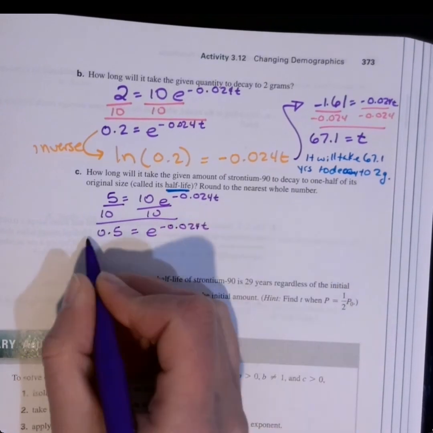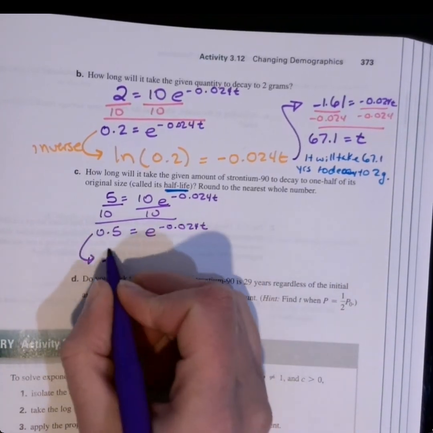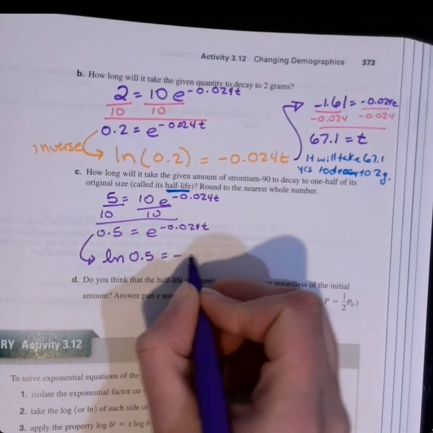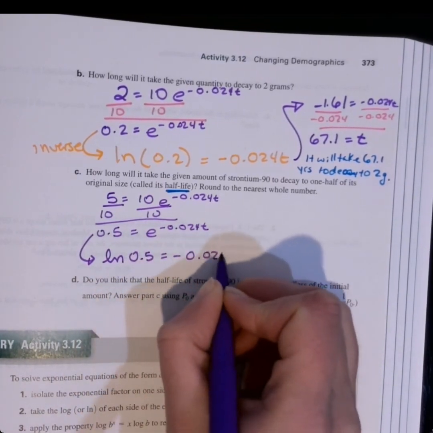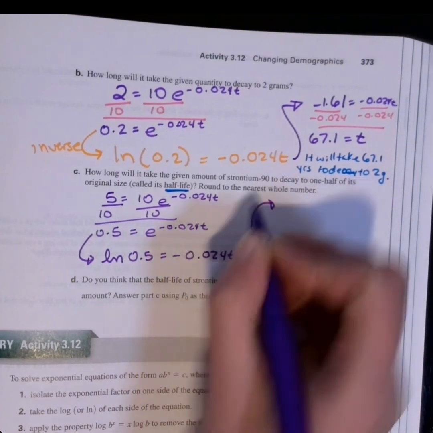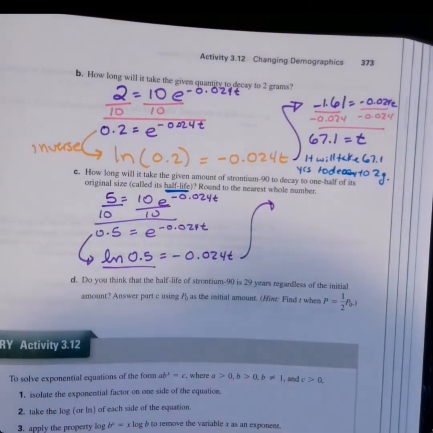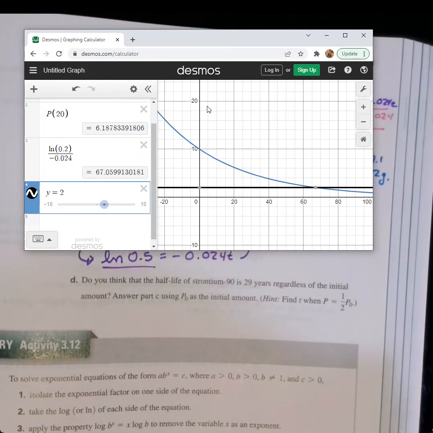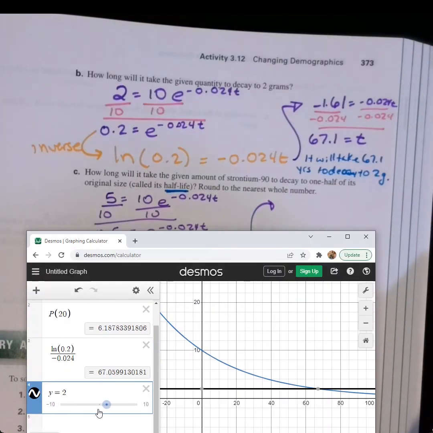Switch into inverses. Natural log of 0.5 equals negative 0.024t. Evaluate the natural log of 0.5. That's just a number. Maybe I can write it down here. There we go.